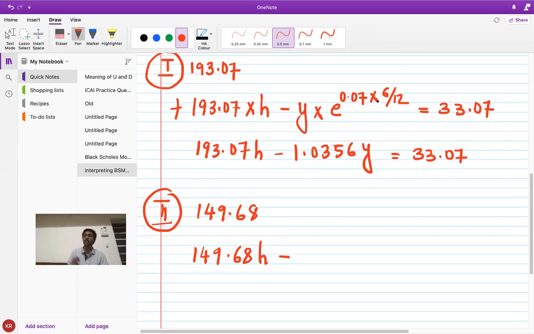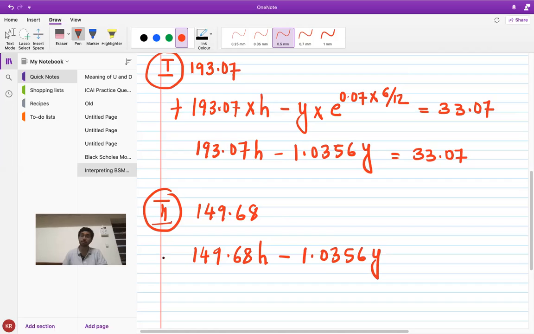What I have to repay as borrowings is not dependent on the share price. Only my sale proceeds from H shares change with the share price, whereas the repayment of borrowings is the same whether the share price is 193.07 or 149.68. So my repayment of borrowings is going to be 1.0356Y.